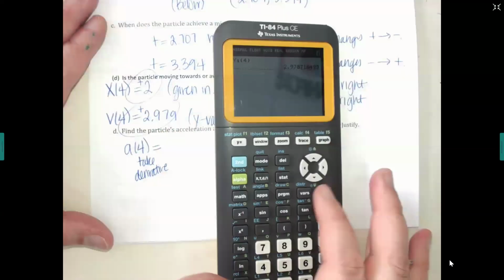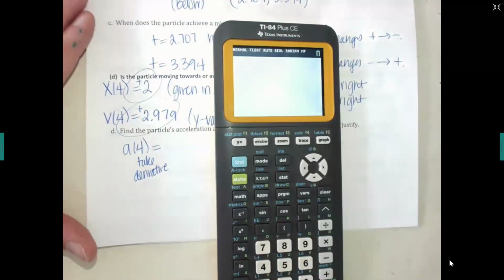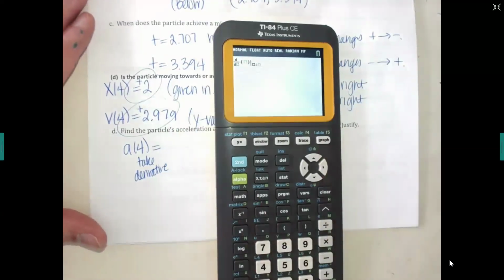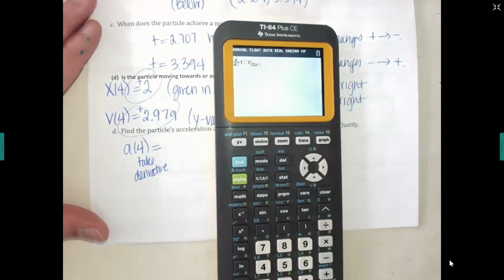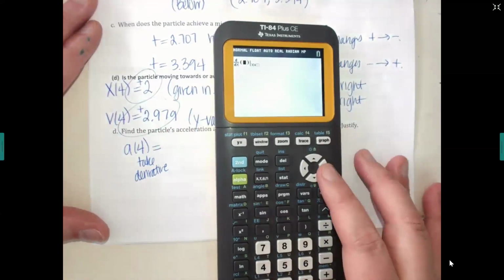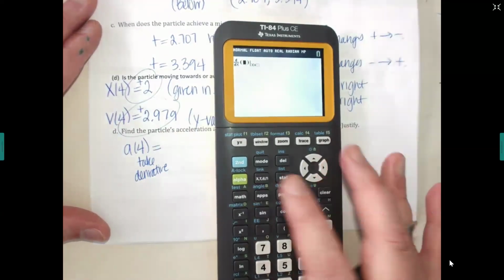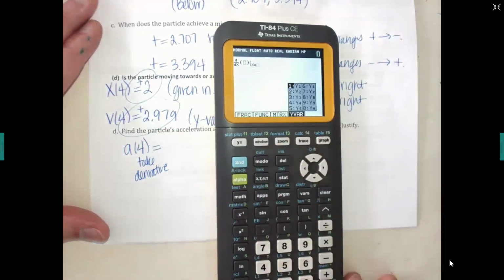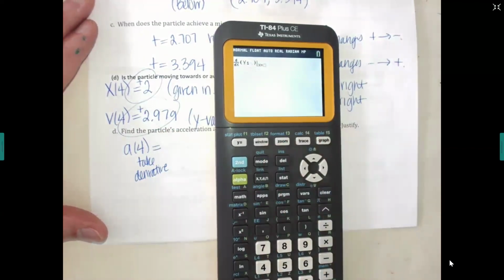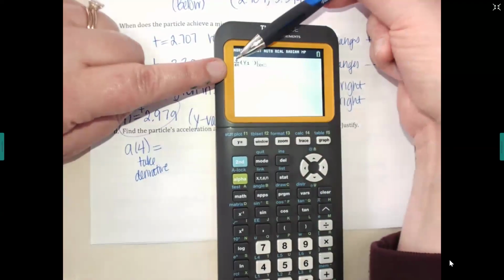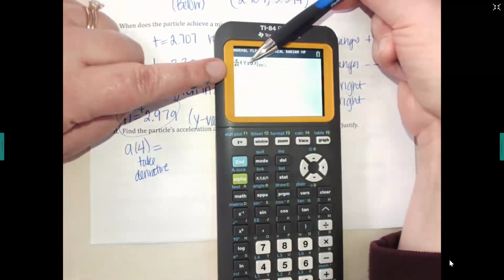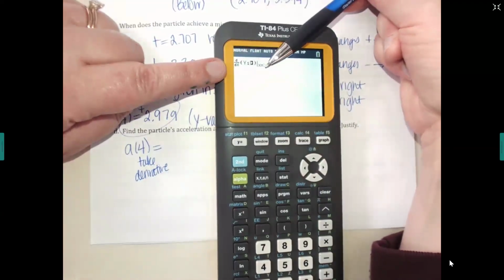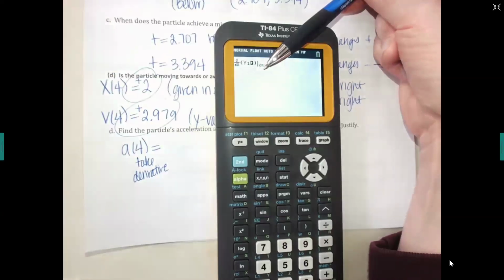Go back to your regular screen. You're going to hit Math 8. You're going to put an X in the first box because it's d/dx. And you're going to put alpha trace Y1 in box number 2. So this is the derivative of Y1 at whatever X I want. What X do I want? 4.